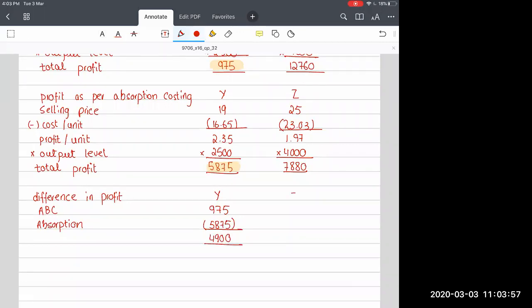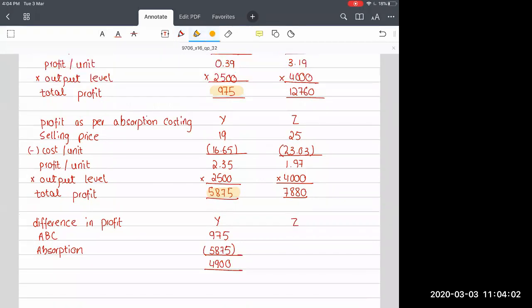And product Z के अंदर it's 12760 and 7880.